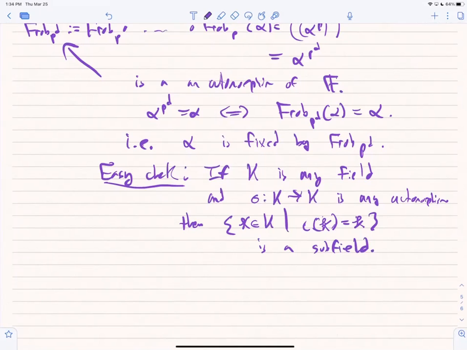This just follows from the fact that an automorphism respects the field rules: sigma of alpha plus beta is sigma of alpha plus sigma of beta, so it preserves things that are fixed.